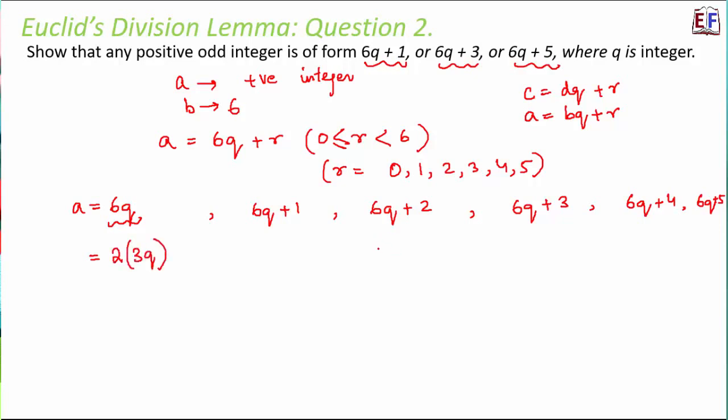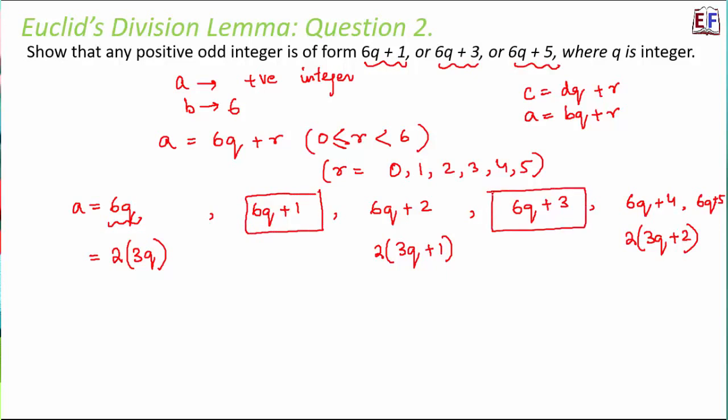This can be written as 2 into 3q plus 1. This can be written as 2 into 3q plus 2. So we see that all of these are divisible by 2 and therefore these are the even options. But here we are looking for the odd options. So the odd options would be 6q plus 1, 6q plus 3 or 6q plus 5.